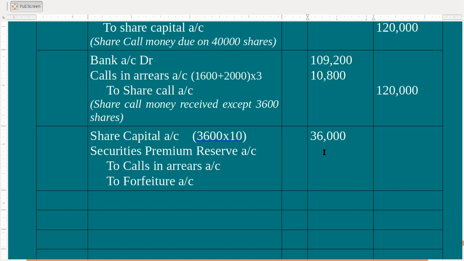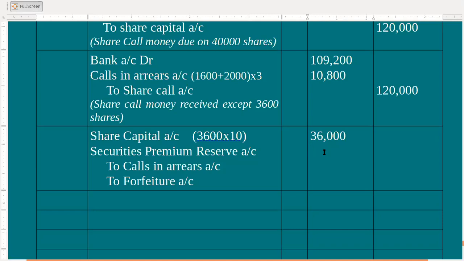Here we will debit the securities premium which is not received. Whose securities premium is not received? In the question, Mukesh is not paying his premium, right? Are you able to understand?